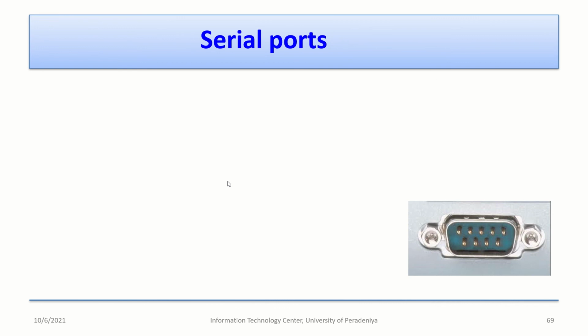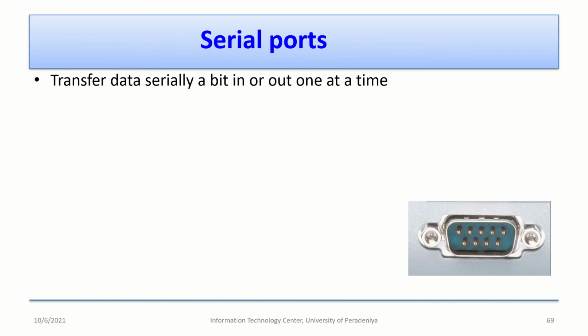Let's take these categories one by one. The first one is the serial port. In serial ports, data is transferred serially, one bit in or out at a time. Therefore it takes a longer time.